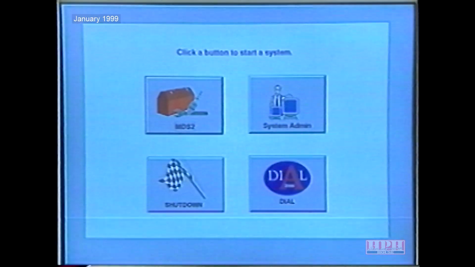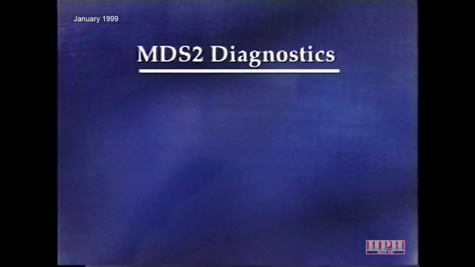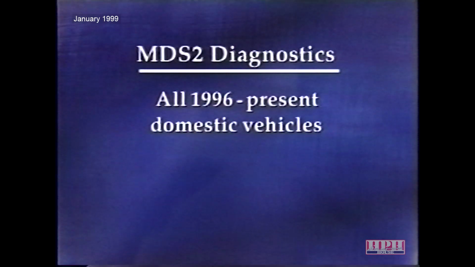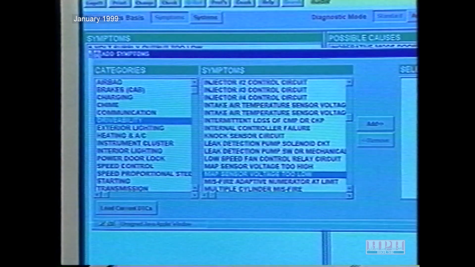Let's take a look at what's included in the MDS2 information that is accessed on the workstation. MDS2 includes diagnostics for all domestic vehicles from model year 1996 to present, excluding Viper, Prowler, and Sebring Avenger Talon. Diagnostics are available based on either the symptoms of the vehicle's problem or by the system that you want to check.